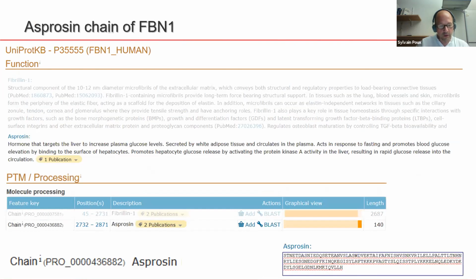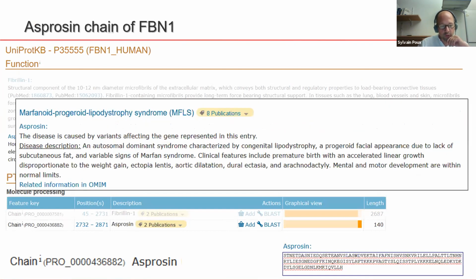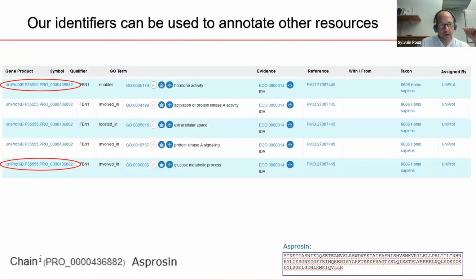And using the asprosin chain identifier, we report that this chain is an orexigenic hormone that targets the liver to increase plasma glucose levels. We also specify that the asprosin chain is involved in congenital lipodystrophy syndrome, characterized by a progeroid facial appearance due to the lack of subcutaneous fat. Chain identifiers can also be used for manual curation of GO terms based on experimental data.